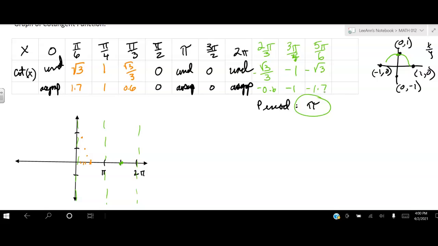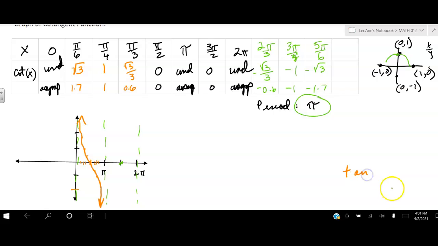So what happens then when we graph these, they're going to come down here, so you're going to have, you know, halfway in between, and then a little before and a little after. You're going to have negative 0.6, then you're going to be at negative 1, and then you're going to be at negative 1.7. So it's going like this. It should look like the tangent curve, except it's going the other direction.